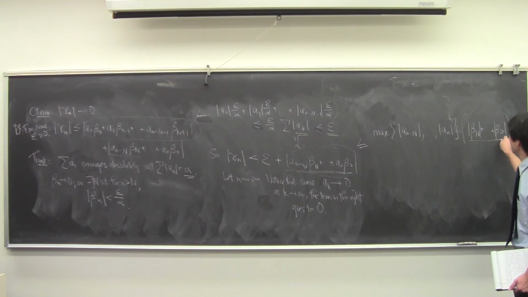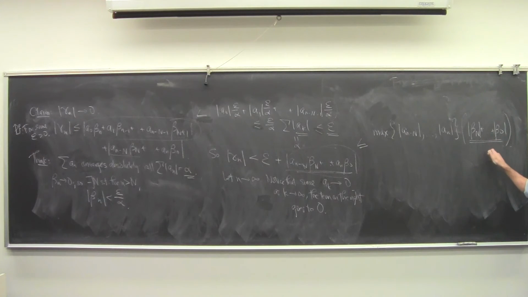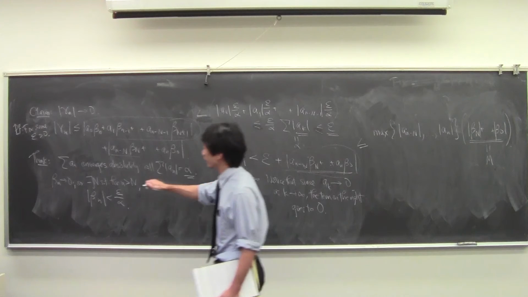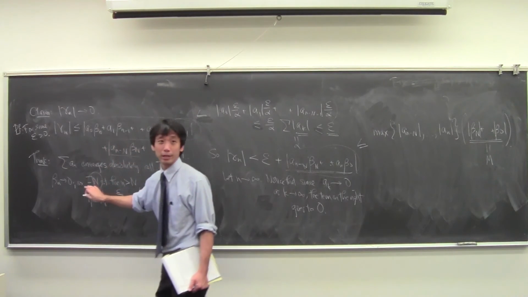Right. Now this thing is just some finite number. Call it M. This thing is just some finite number, right? We fixed our capital N over here.